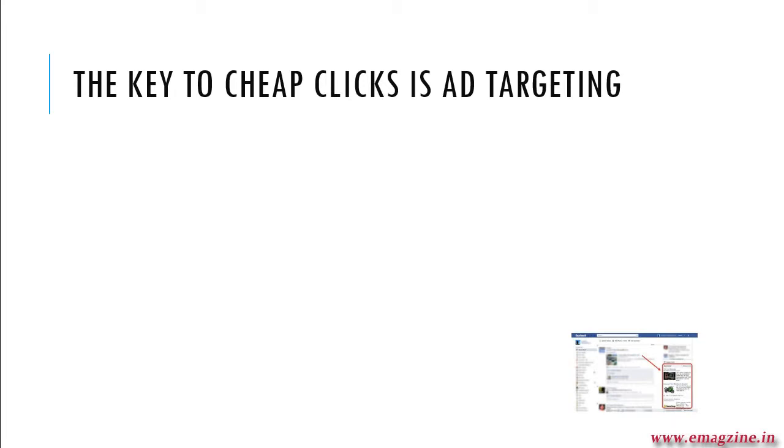So what you want to do is get as specific as you can in your ad targeting. And of course, there are some upsides and downsides to doing things this way. The plus to targeting: cheaper clicks, higher ROI, and higher click through rate.